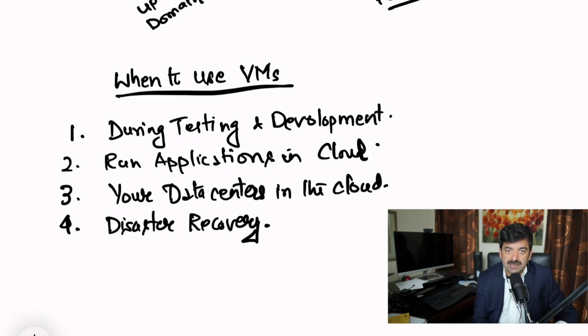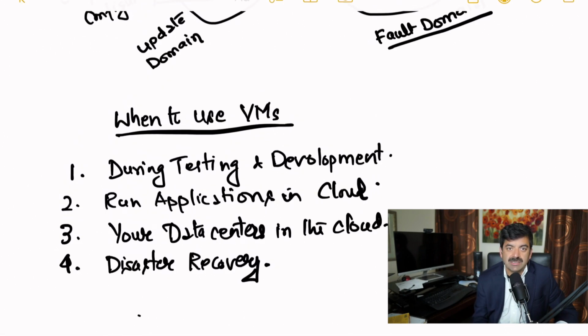Suppose your data center is located in some location and some disaster happened. In Azure, you can make sure that your virtual machines are located in some other geolocation, so that when your real data center is hit, you can bring up this virtual data center and make sure your business is up.